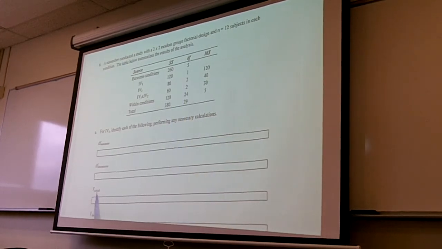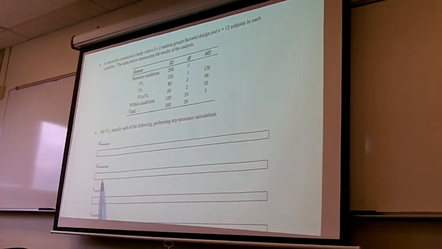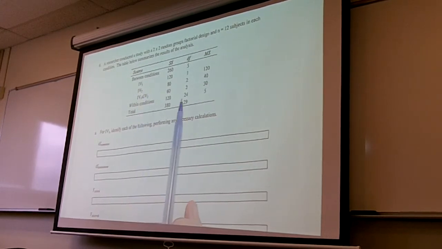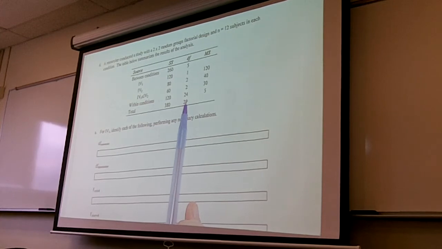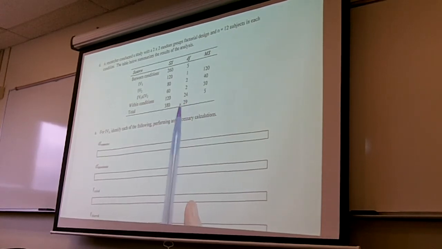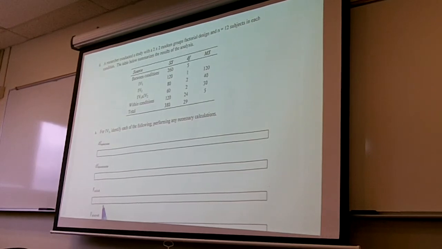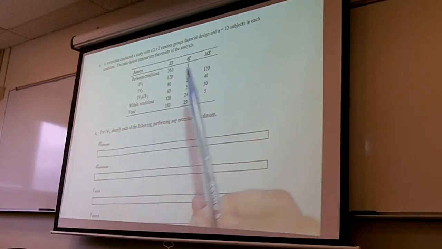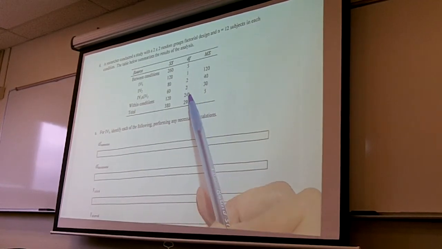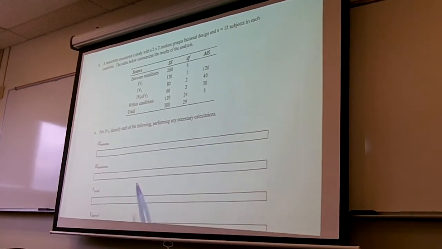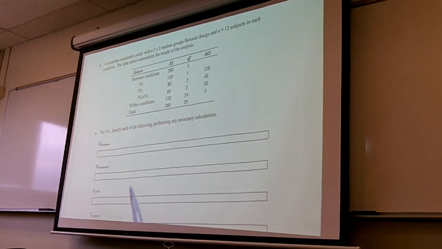Okay. What would the degrees of freedom denominator be? Within conditions. Would be 24. Yeah, 24. All right? Then, if I'm going to get F critical, I'm going to go look at the F critical table, right? With 1 as the numerator, 24 as the denominator, and there's no other information, so we assume alpha is 0.05. So what do you get?